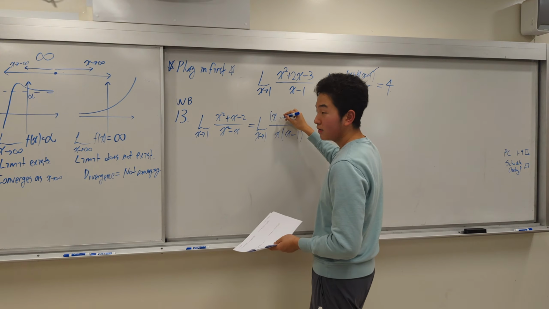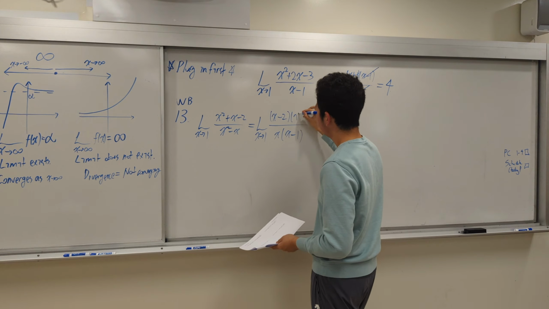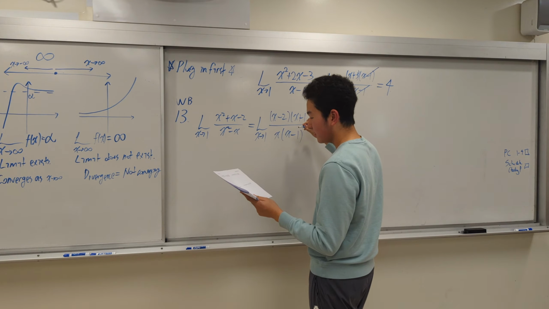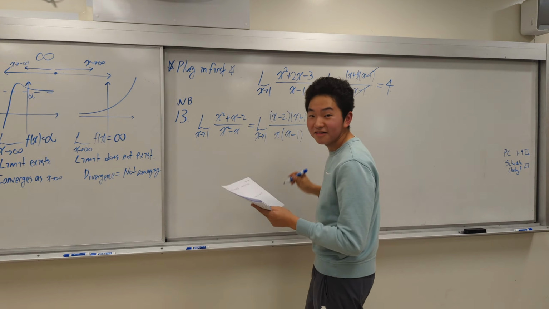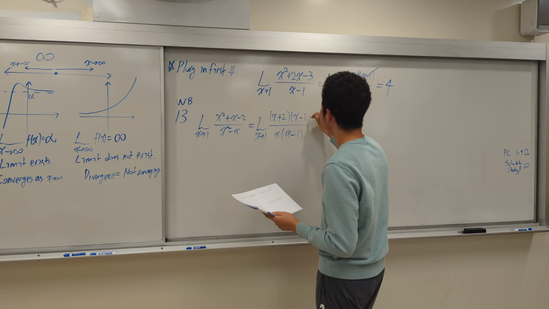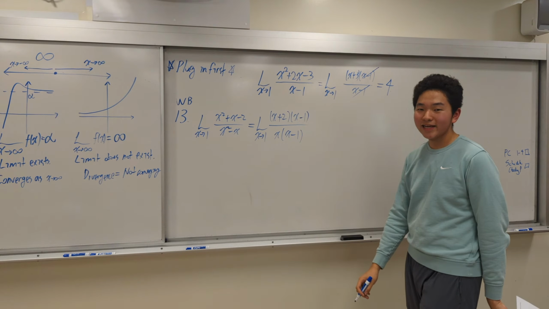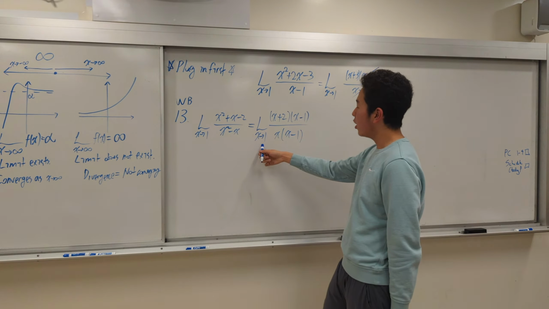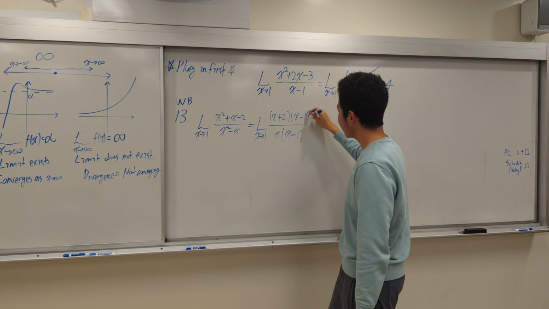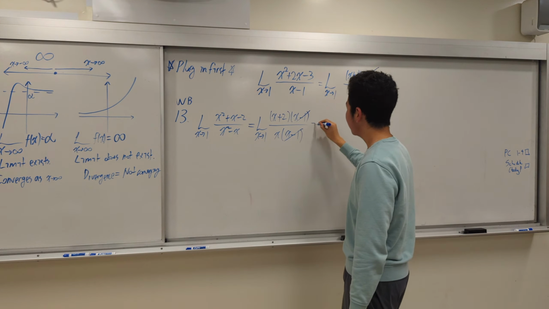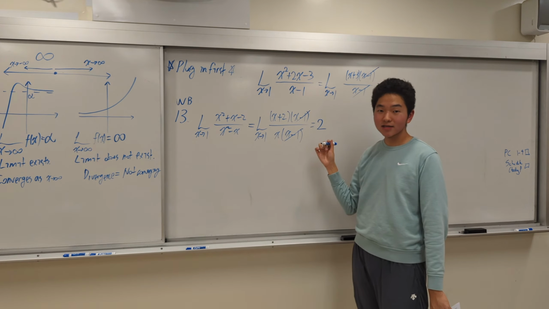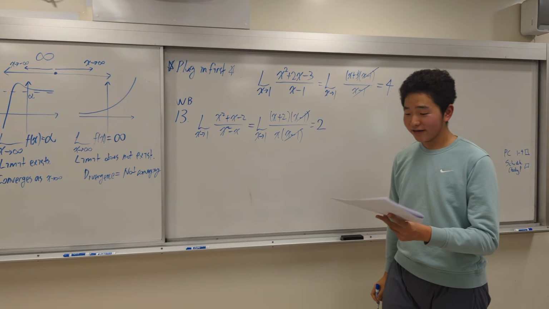Oh wait, guys, it's x plus 2 and x minus 1. Yeah. Okay. Right? So what can we do? Knowing that the expression x minus 1 can never equal 0, right? We can cross it out and then plug in 1 to get 3 over 1, so that's 3. Do you understand this process? Yeah, okay. Okay, now look at the second one.